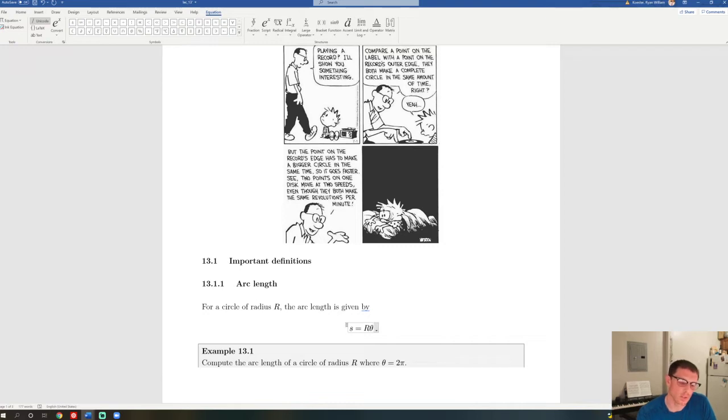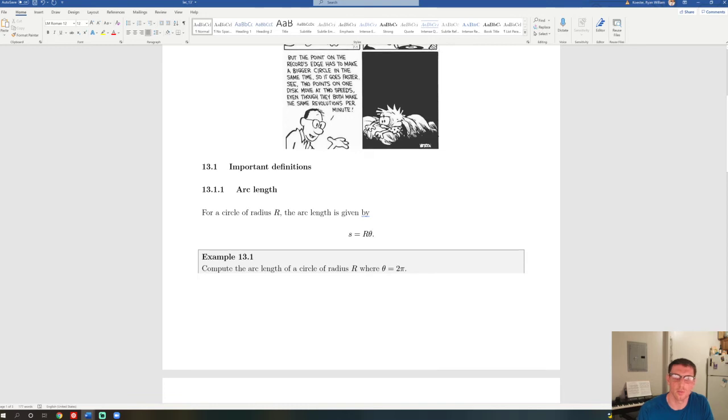But we'll see that we actually have to specify theta in radians, and I'm going to use this discussion of arc length to springboard into talking about radians. So let's check the dimensions of this before we do anything else, though.